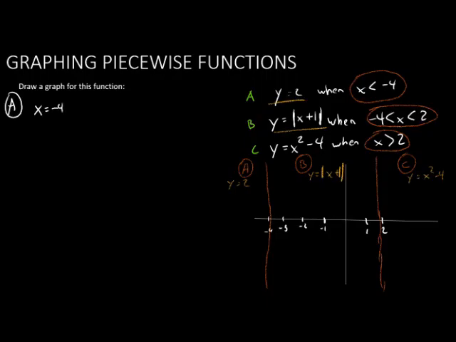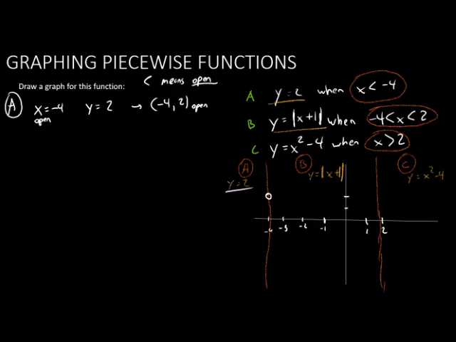We'll just have to remember that since we have a less than sign, this will be an open circle. Now, our y in region A is just 2, and notice there is no x in that function, so y is always 2 anywhere in region A. Therefore, our first point will be -4, 2, and it will be open. We'll place an open circle at that position.